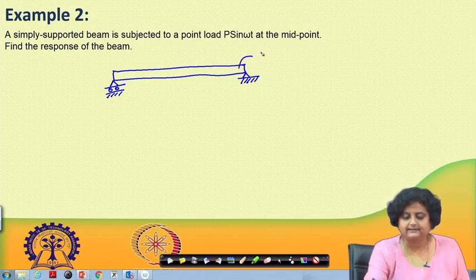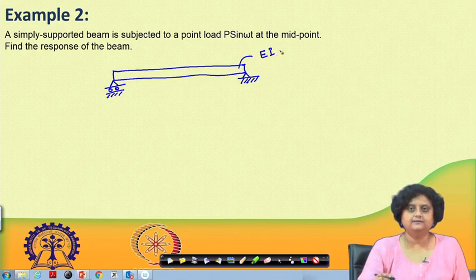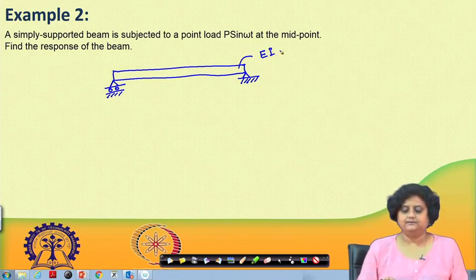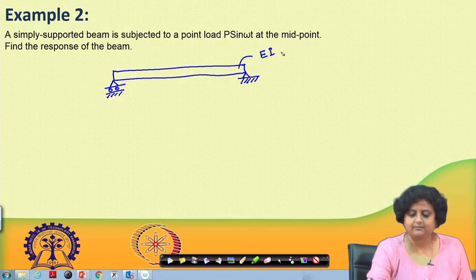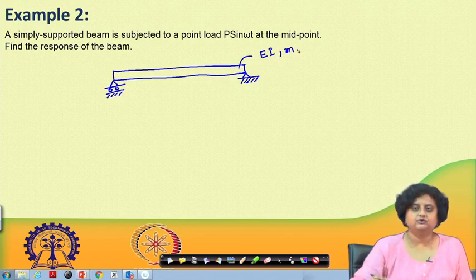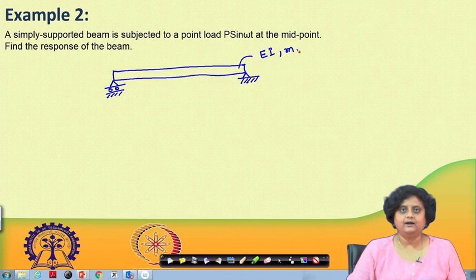Let us say that the flexural rigidity is E I, where E is the Young's modulus, I is the second moment of inertia, and E I is uniform throughout the beam, as well as M, the mass distribution, which is also uniform, and we are denoting it as M.